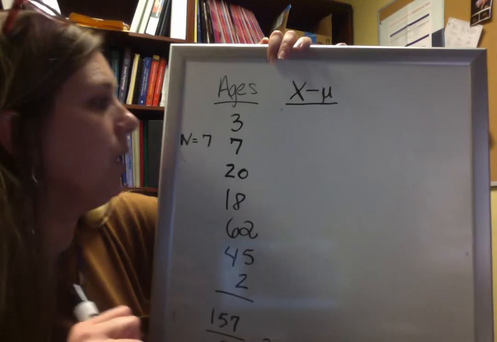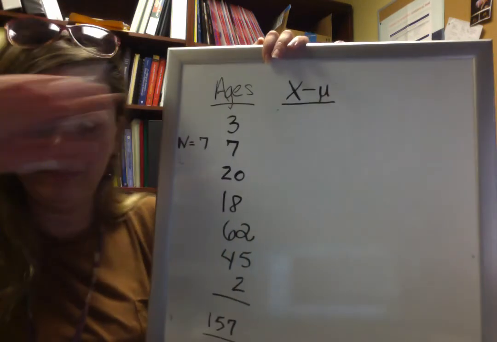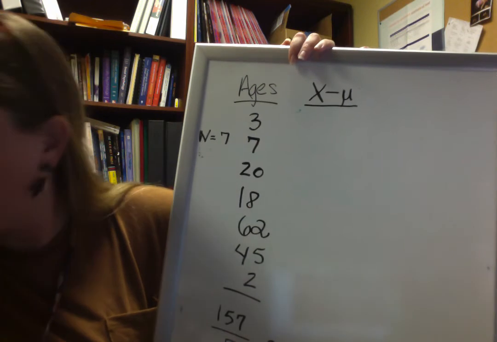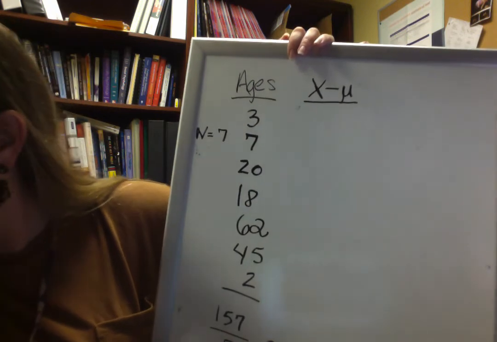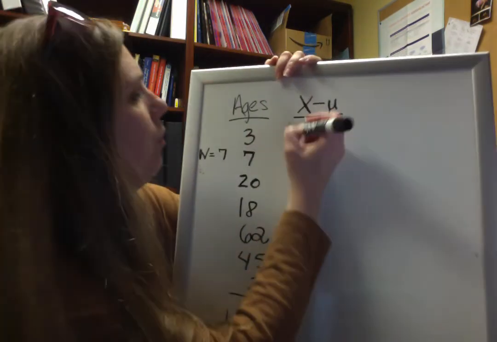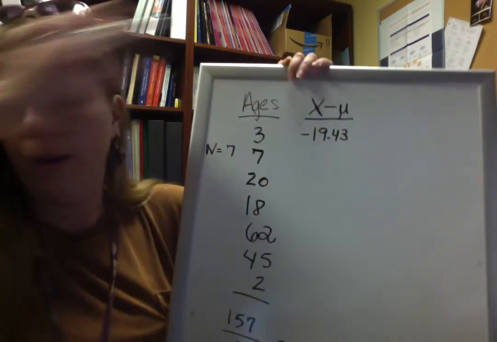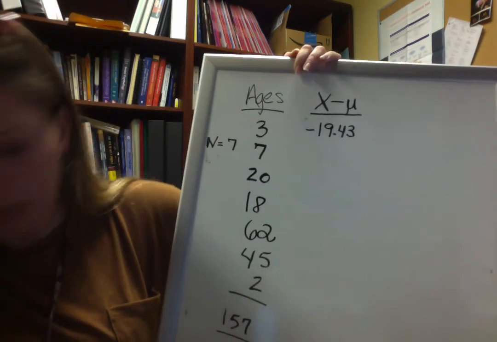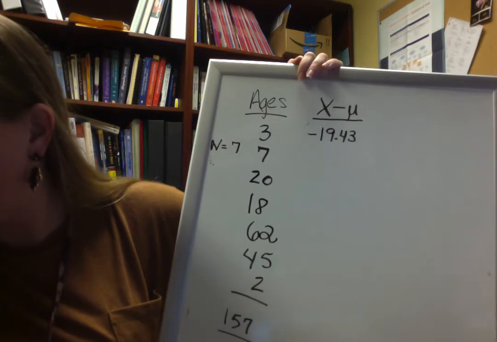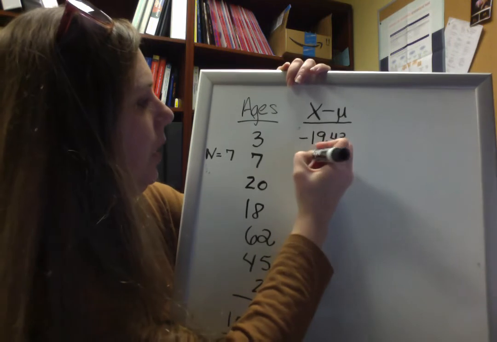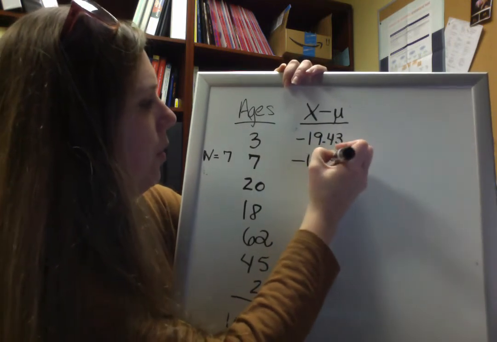So 3 minus 22.43 equals negative 19.43. 7 minus 22.43 equals negative 15.43.